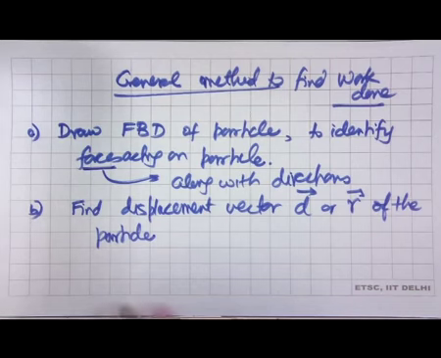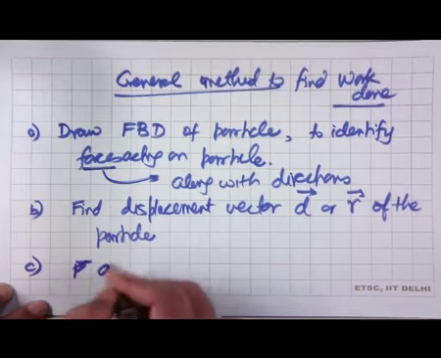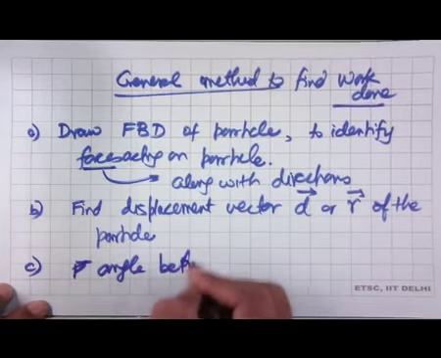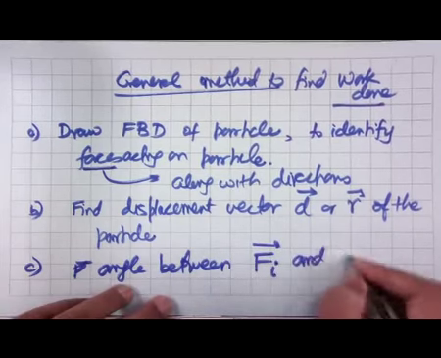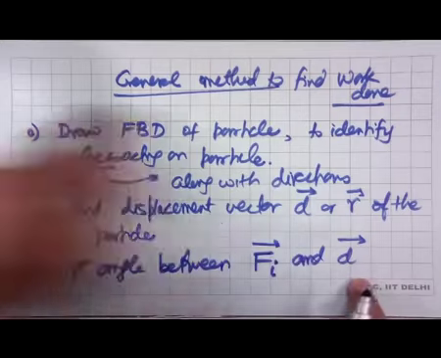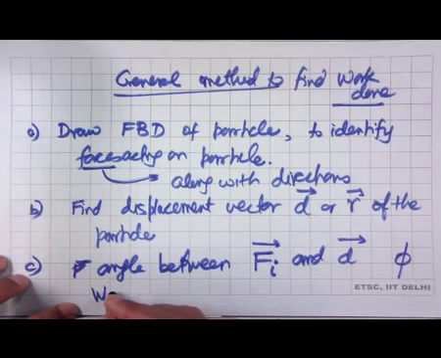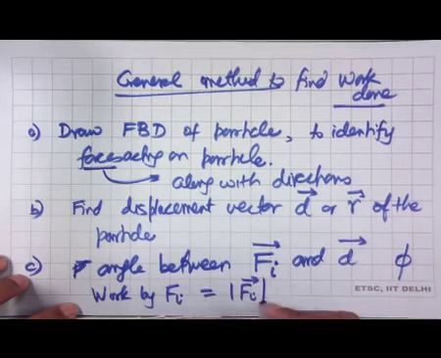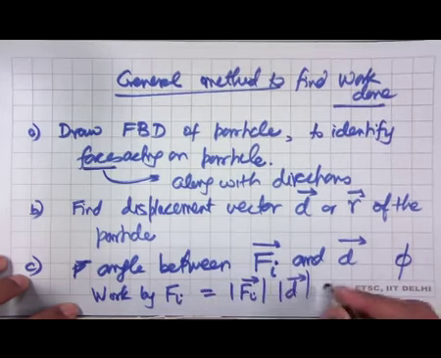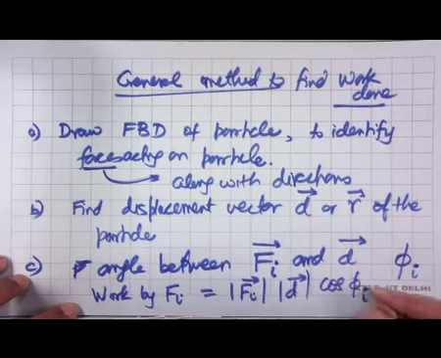And then the third thing you will need is the angle between each of these forces, I call it Fi, and d. d will stay the same for all the forces, and if this angle is phi, then work done by F sub i will be equal to magnitude of Fi times magnitude of d times cosine of phi i.